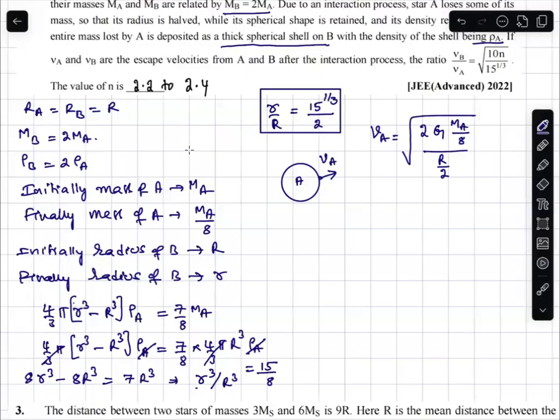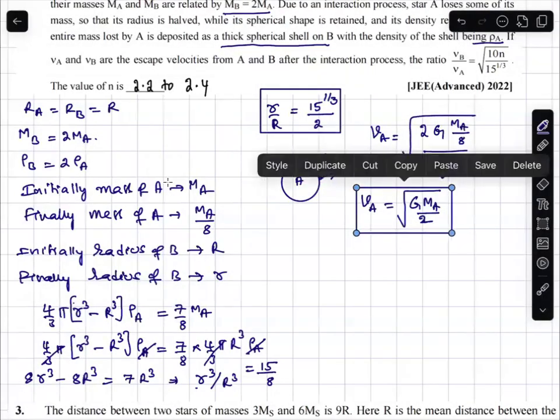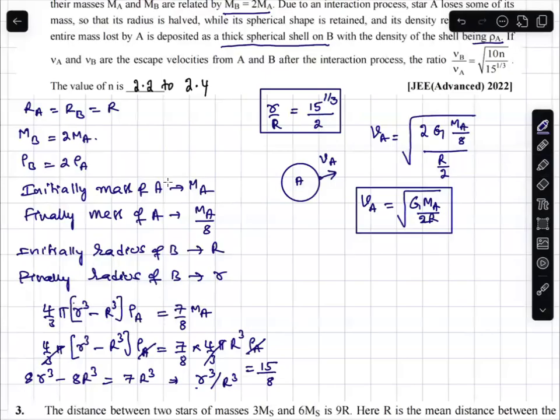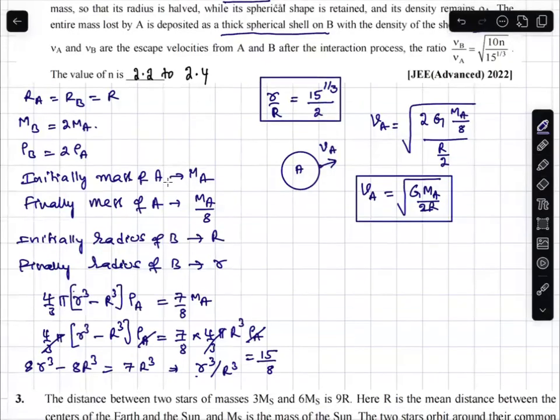Because you know the general formula is under root 2G mass by radius. Now, therefore, VA is, you will get it as root of GMA by R. Okay. One part is done. Now, the major part, what I am worried about is the second part. Now, the second part is very crucial for me right now.